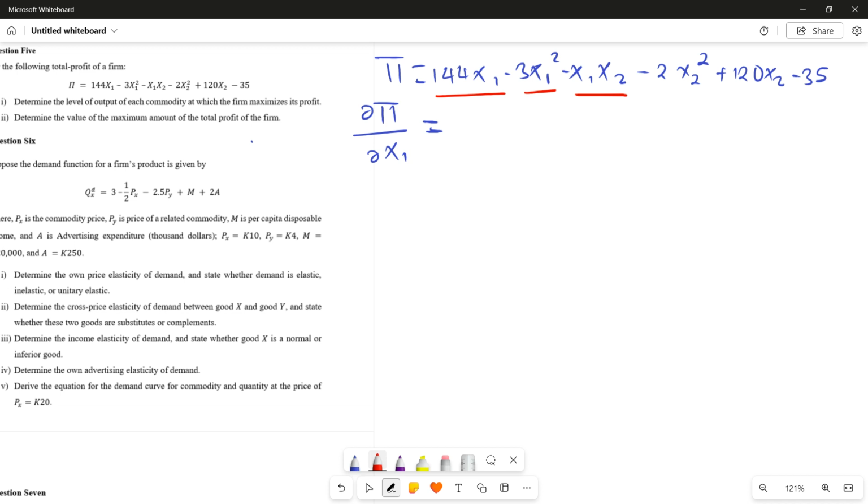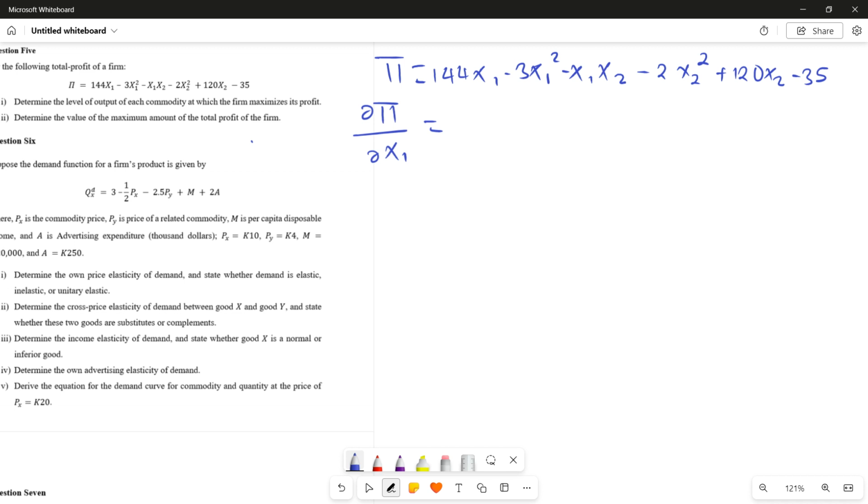Meaning that we are going to differentiate the first term, the second term, and the third term. We are going to keep the other terms constant because there is no x1 there. So that is the concept of partial derivatives. You partially differentiate a given function with respect to the particular variable under consideration, and you keep all other variables constant.